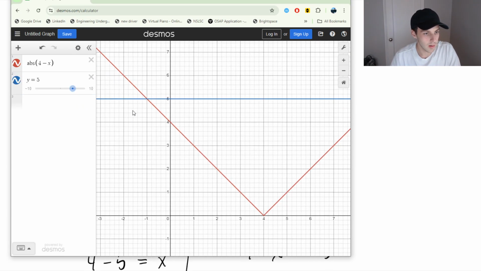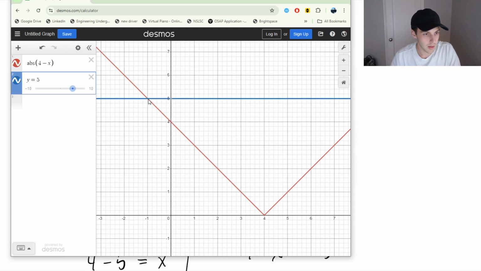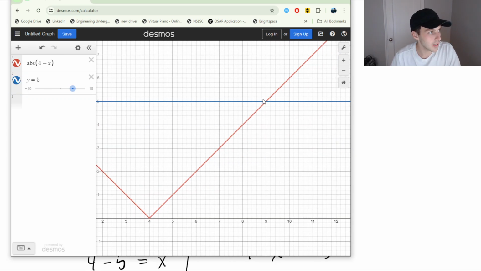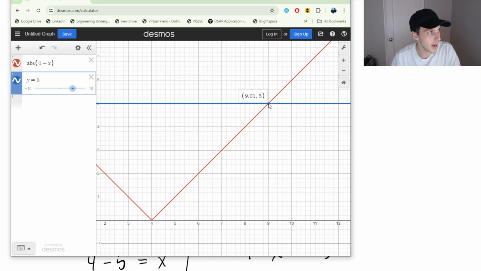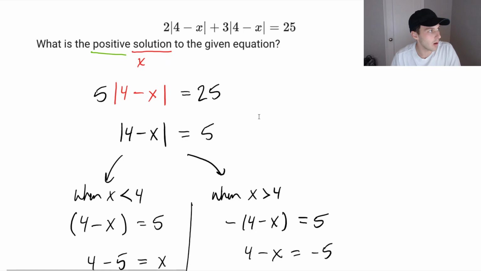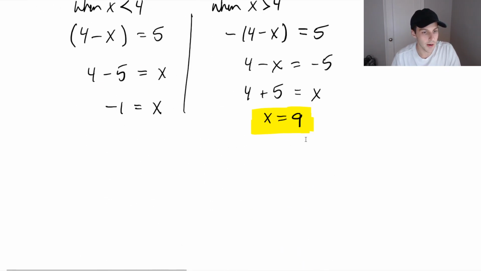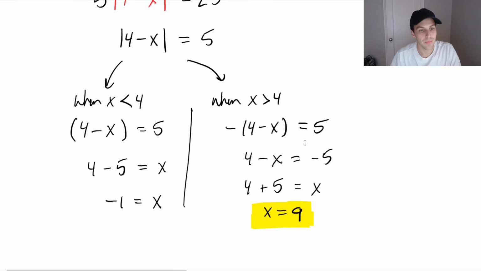And we can see here, we get the same values of x: it equals 5 at both x equals -1 and at x equals 9, right? Which is exactly what we solved for. It's asking us for our positive solution to the equation. So x equals 9 is our positive solution, right? Both ways, very fast. Depends what your preference is.